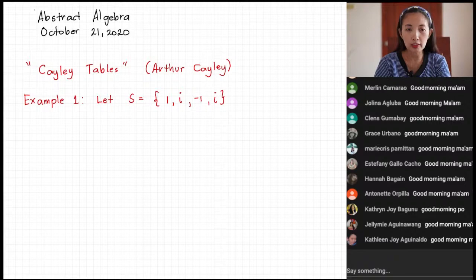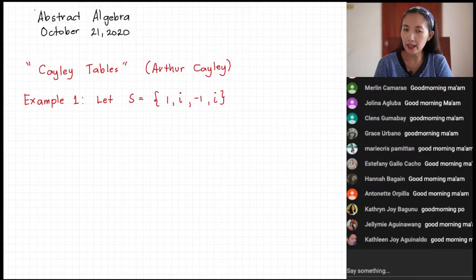And in part 2 of your examination, I also gave a table. So, what are some of the properties of the Cayley table? But prior to listing down the properties, let's first prepare a Cayley table for set S.